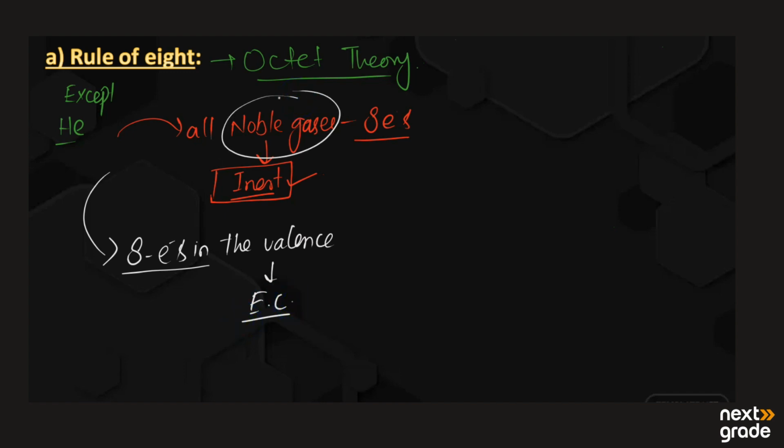So all the atoms of an element tend to gain 8 electrons in their valence shell to get the electronic configuration near to the noble gases. This process of gaining 8 electrons is known as the octet theory, or the rule of 8.